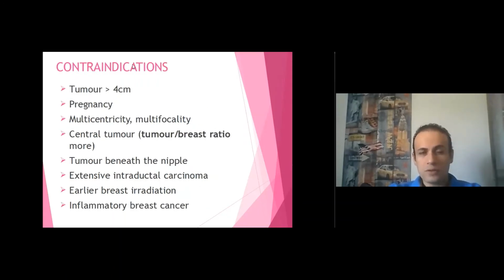Contraindications: tumor larger than 4 centimeters, pregnant woman, of course multicentricity, multifocality, which means several tumors in the breast, central tumor, that means the tumor-breast ratio is high, tumor beneath the nipple, extensive carcinoma in situ, intraductal carcinoma, and of course when the skin is involved it is contraindicated.